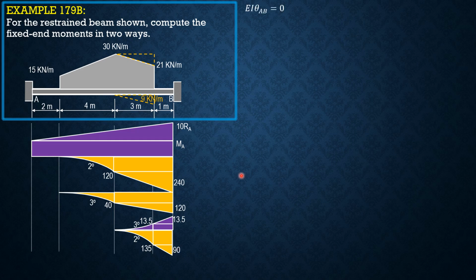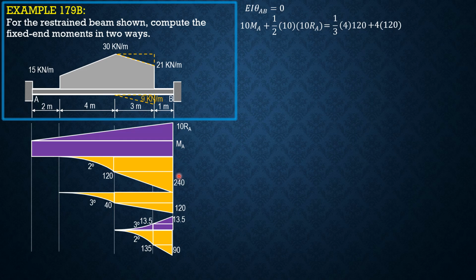So first equation, EI theta AB equals 0. So 10 MA plus 1/2 of 10 times 10 RA. Then equals, let's begin with this second degree spandrel, 1/3 of 4 times 120. Then we have 4 times 120 for this rectangle.